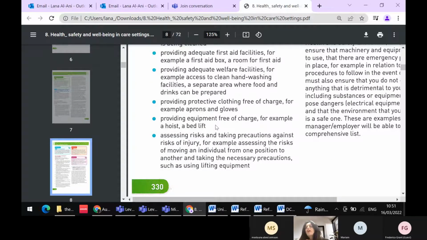Also, they need to provide adequate welfare facilities, like proper hand washing facilities, a proper area to prepare food and drink. Yeah? Any other things you think of?